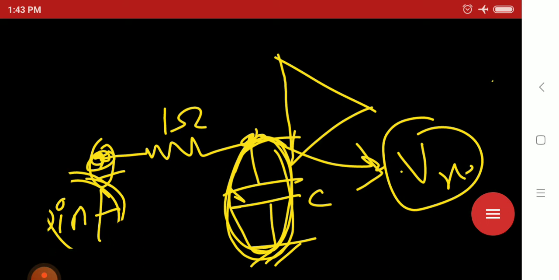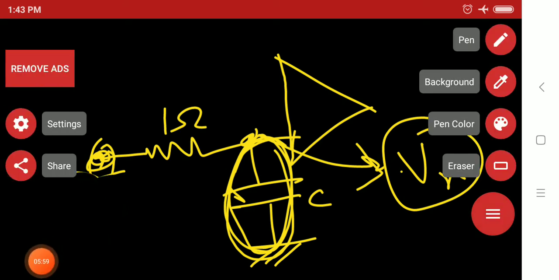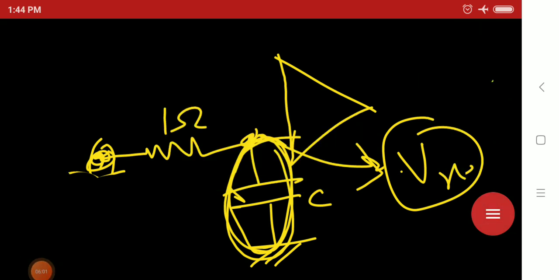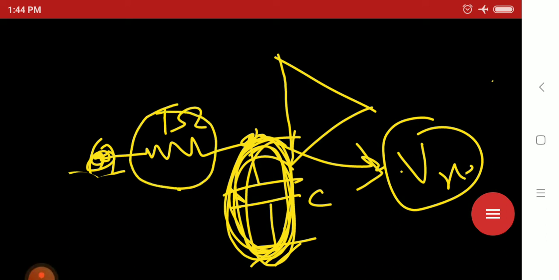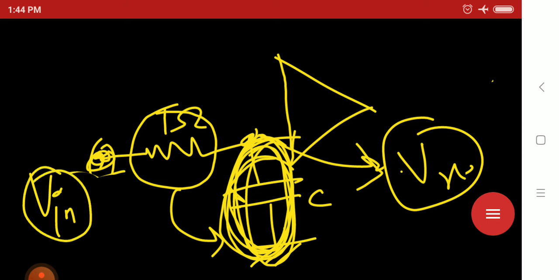So this input voltage is multiplied by the opposite-side resistance, which is 1 by j omega c, divided by this resistance plus this capacitance. I'm telling again: if V in is given, how do we compute Vx?